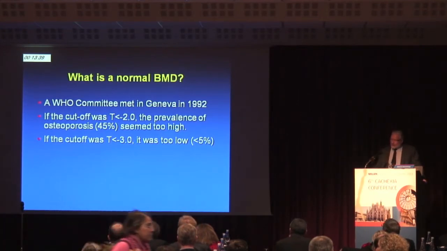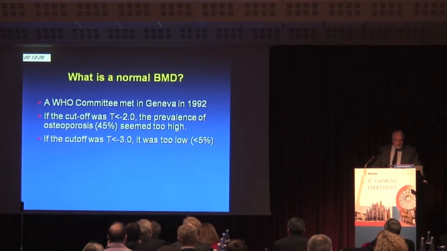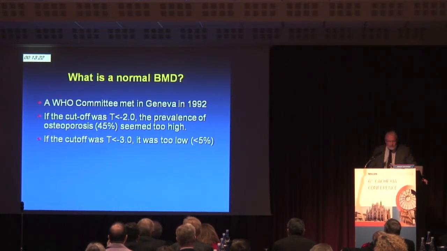But then a World Health Organization committee met in Geneva in 1992, parallel to a lot of the meetings I hear about now about sarcopenia, where extensive epidemiology was reviewed in relationships between bone density and other endpoints. And it was considered the t-score of -2.0 should be used as the diagnosis of osteoporosis normally.